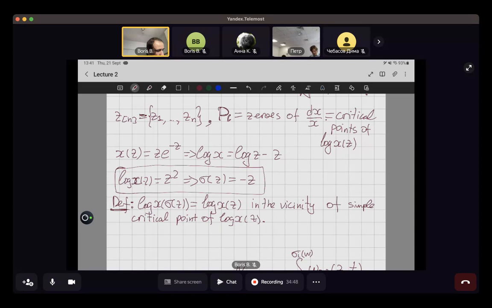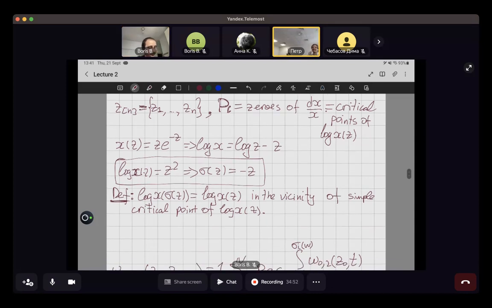So what Mikhail suggested was to say that in the vicinity of a simple critical point, we can always introduce a local coordinate w such that log x is equal to w squared. It's right. It's just a different way to think about it.